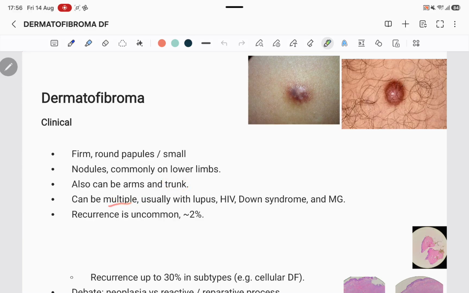As I said, it can be multiple, but those that are multiple are usually related to systemic lupus erythematosus or HIV, Down syndrome, or myasthenia gravis. So these are other syndromes that can come with multiple dermatofibromas. The recurrence rate is 2%, so it's very low.